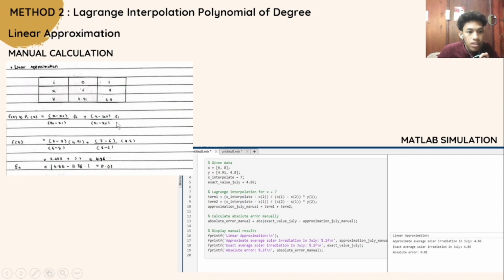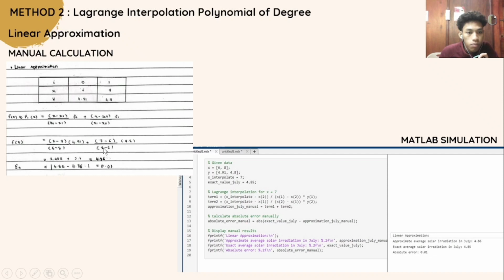So basically this is the formula for linear approximation. 7 is our interpolate. We take 7 minus x1 divided by x0 minus x1, and multiply by y0, 4.91.